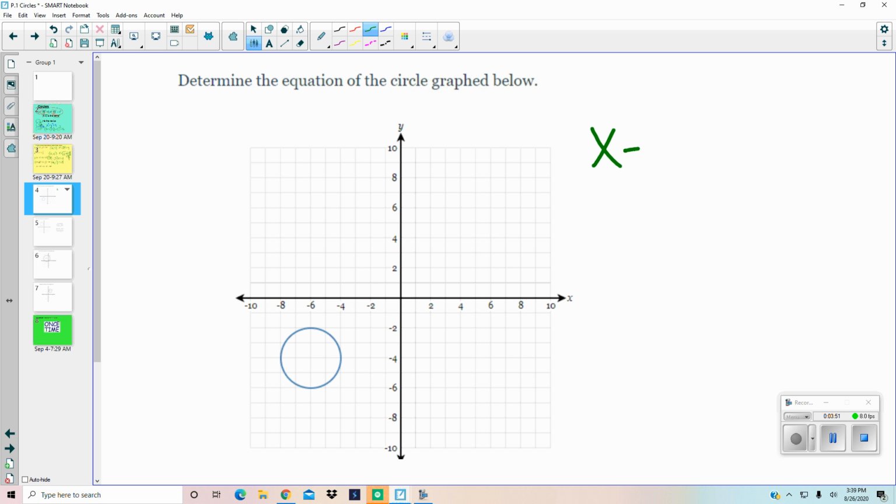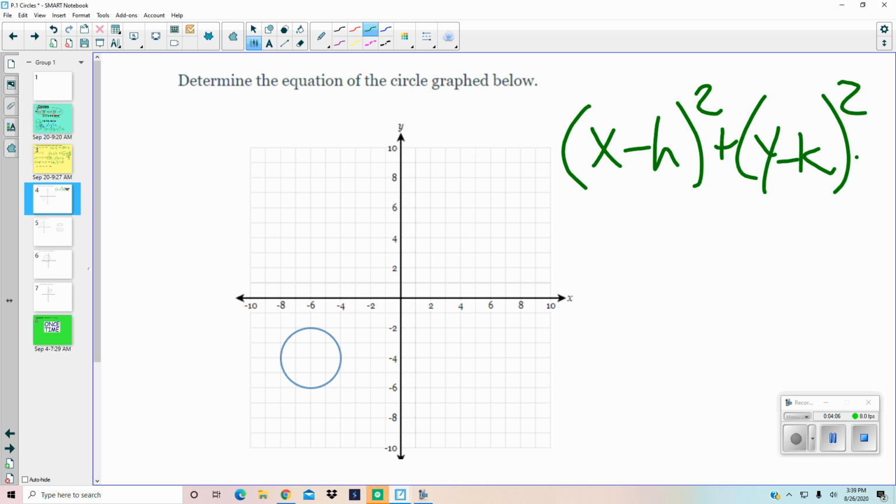Remember, we're dealing with the standard equation, (x - h)² + (y - k)² = r², where (h, k) is the center and r is the radius. I look down here and I can see my center at (-6, -4).